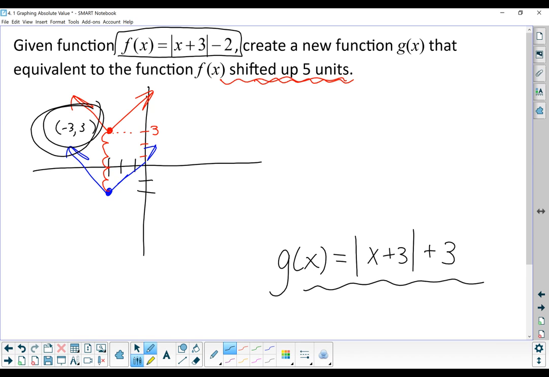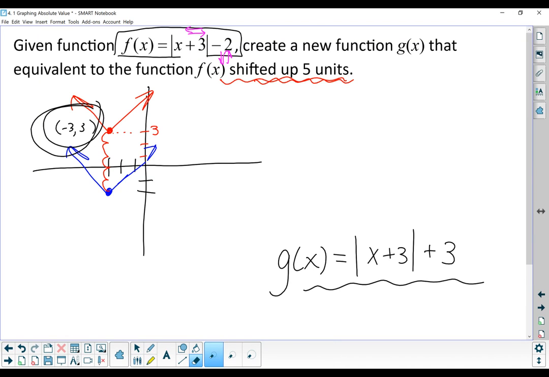If you like to draw a little picture to help yourself, you can. Or sometimes what kids like to remember is that the movement to the left or to the right is governed by this number, and the movement up and down is governed by the number at the end. That's our vertical translation.